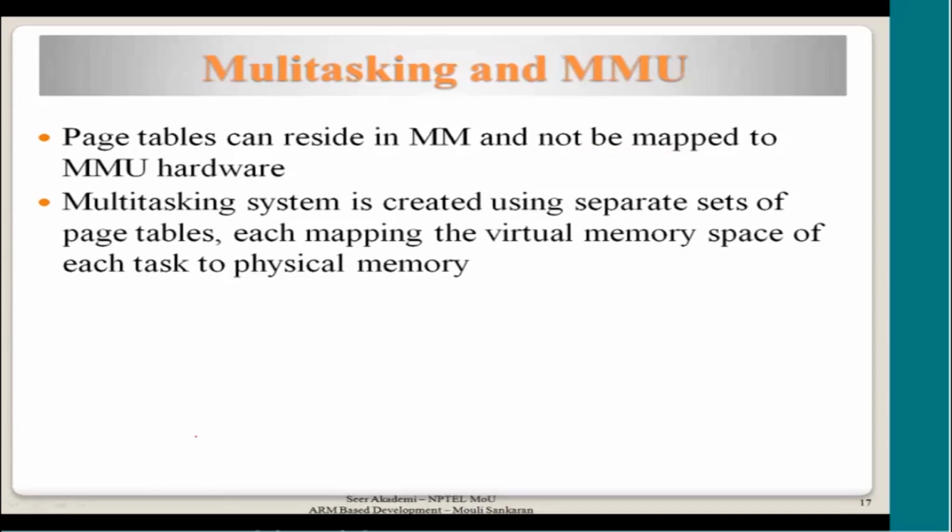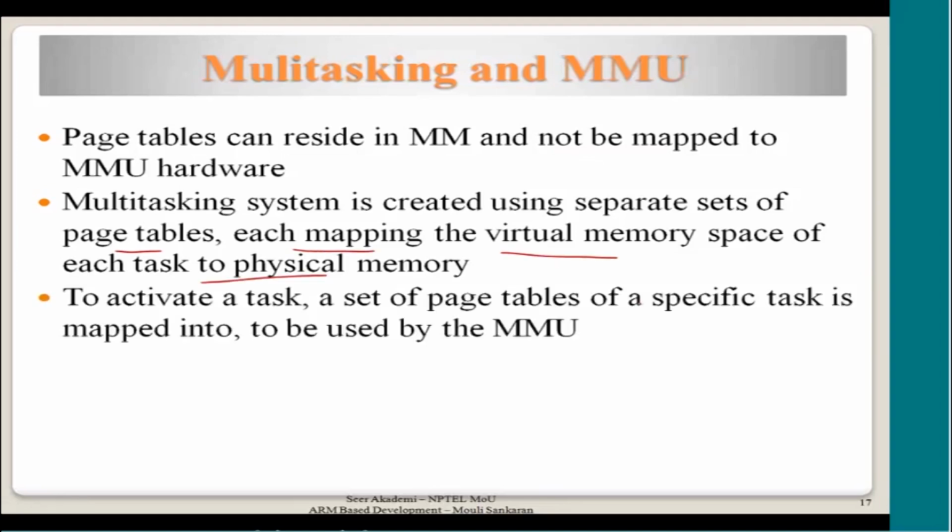So a multitasking system is created using separate sets of page tables, each mapping the virtual memory space of each task to physical memory. This I explained already. To activate a task, the set of page tables of a specific task is mapped to be used by the MMU. So whenever T1 is running, that table will be there. When task 2 is running, another page table will be there, and the MMU will be configured accordingly. Who does it? The OS does it.